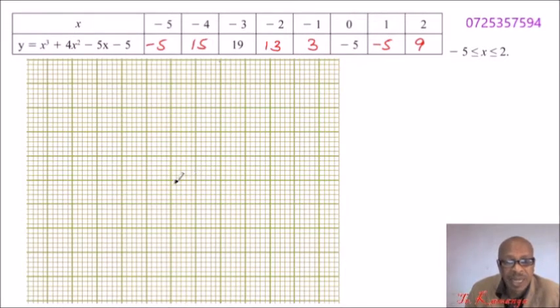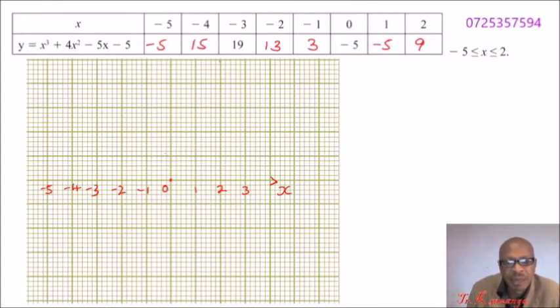So if we come to our graph here, we can say the starting point is 0. Then we can say this is 1, this is 2, this is 3, and this is the x-axis. Always remember to label your axis. You don't need to draw these lines to represent the axis, because we already have the grid. So here we have minus 1, minus 2, minus 3, minus 4, minus 5.